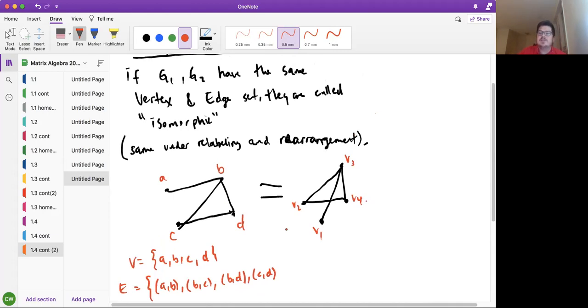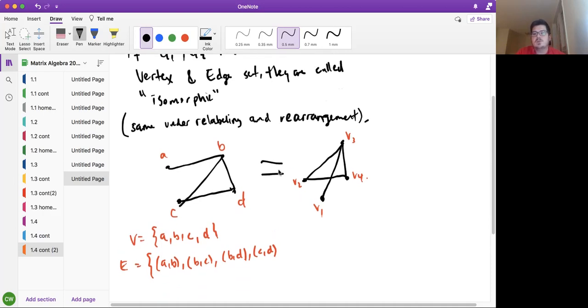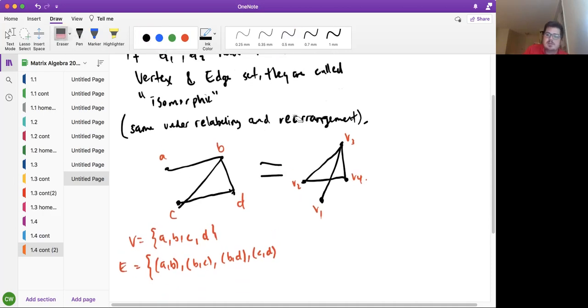Yeah, so they're the same under relabeling. So vertex relabeling, which implies edge relabeling, sorry. Relabeling and rearrangement.